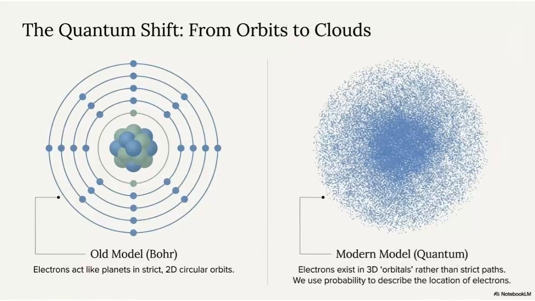The electrons are moving around the nucleus in certain patterns, and we use probabilities to describe the most probable location of those electrons. And that's why we call it a quantum model, because we use quantum numbers to describe the location of all those electrons.